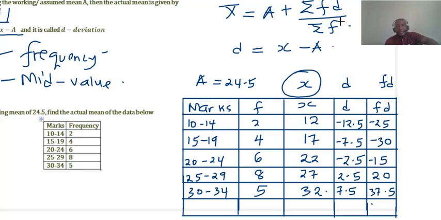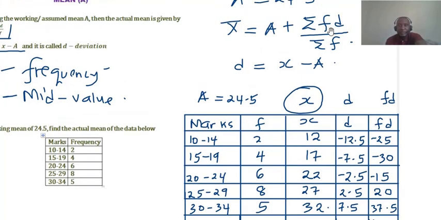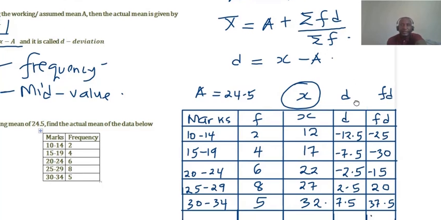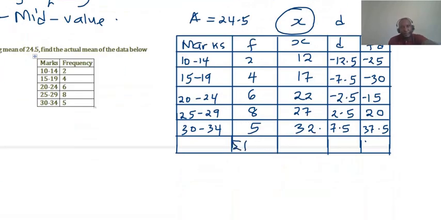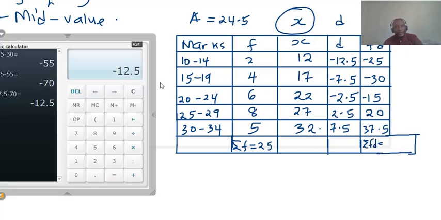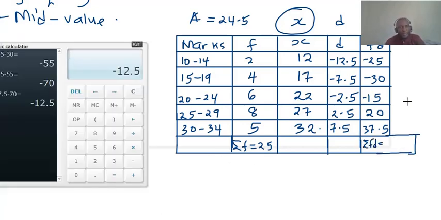So the next thing is to get summation d. Summation d here. Then we need summation f. So summation f is 25. We need summation fd. So our answer here becomes negative 12.5, right?